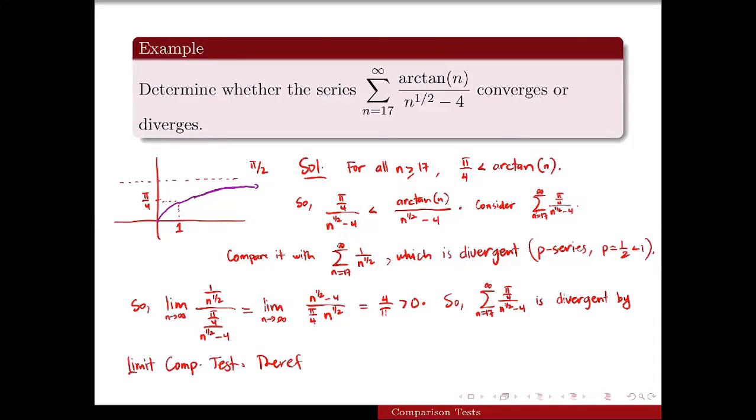Therefore, the series arctan n over n raised to 1/2 minus 4, from 17 up to plus infinity, this is also divergent by comparison test.